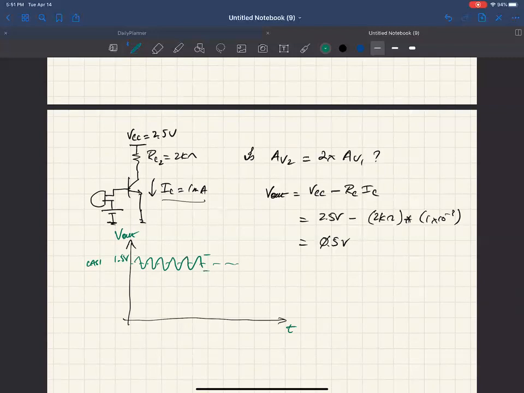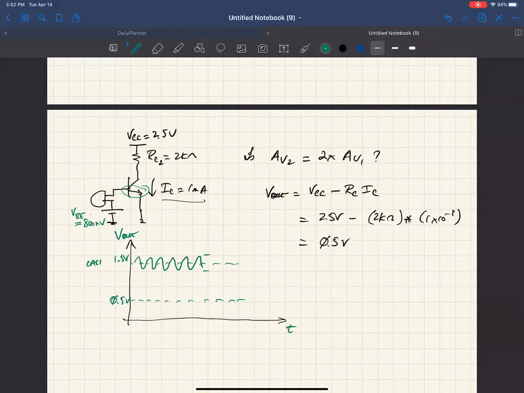So we doubled R sub C, but what that did is push our bias point down to 0.5 volts. To get this base-emitter junction biased up here, VBE is, let's call it, 800 millivolts.